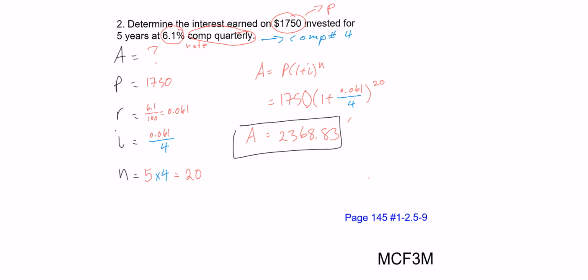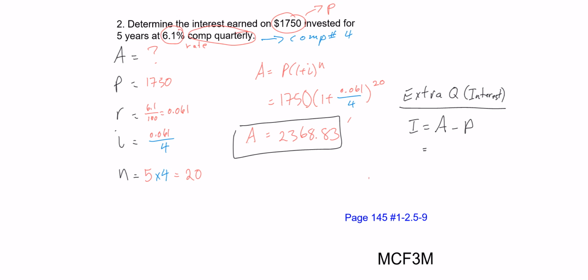And the last thing I could ask you for a problem like this is, what is the interest? What's the interest that's made? In order to do that, our interest is I equals A minus P. Taking the future amount minus the present amount, or the starting amount.